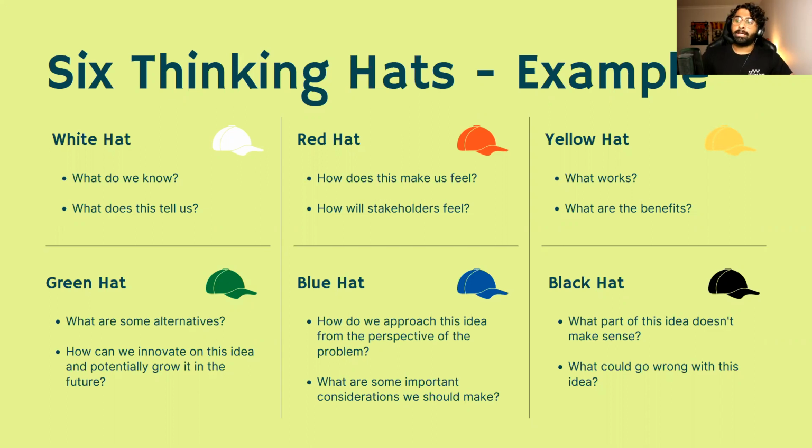And finally, the black hat. So what part of this idea doesn't make sense? For example, with the students, the prompt suggested that they are more interested in investing in cryptocurrencies.